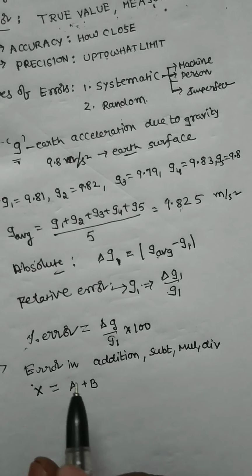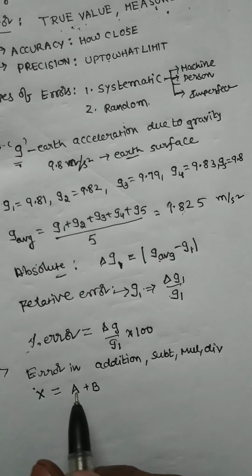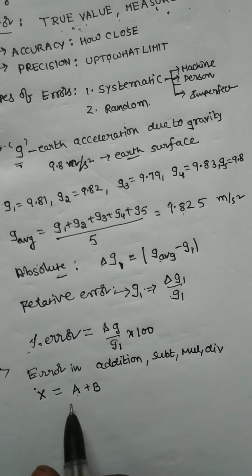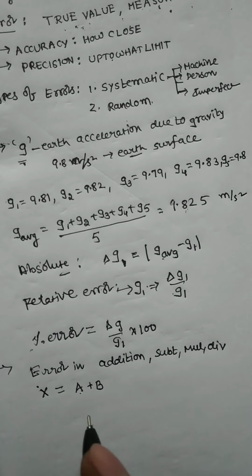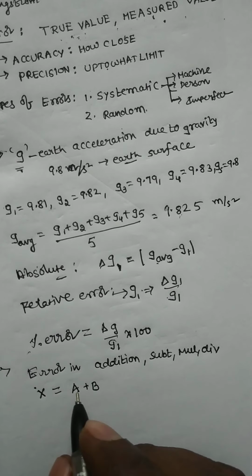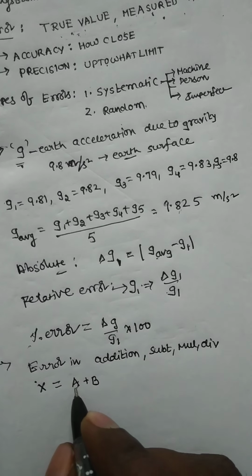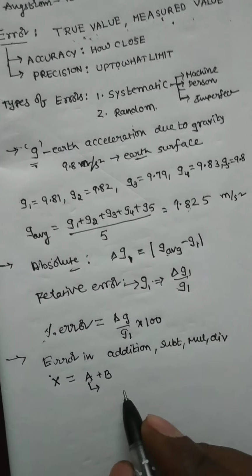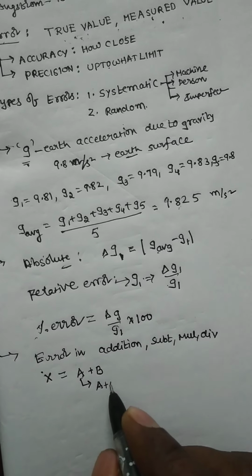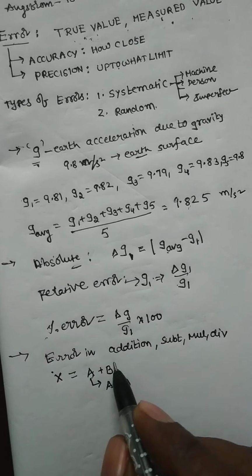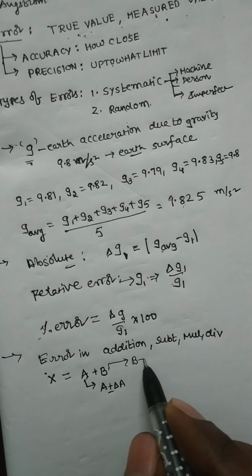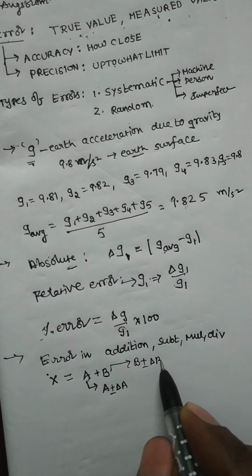For every physical quantity there exist two values. One is called the true value and the second one is called the error value. The value of a is represented as a plus or minus delta a. The value of b is represented as b plus or minus delta b.